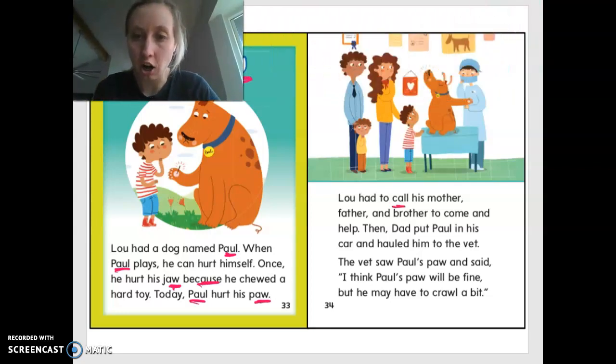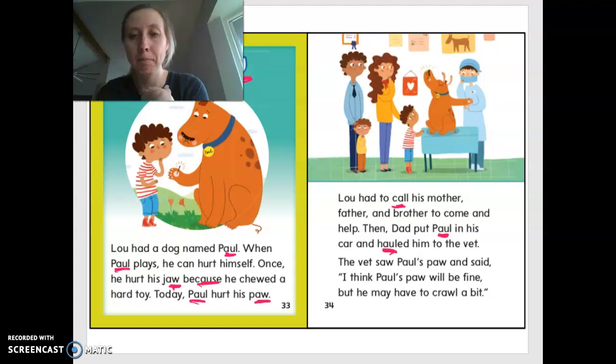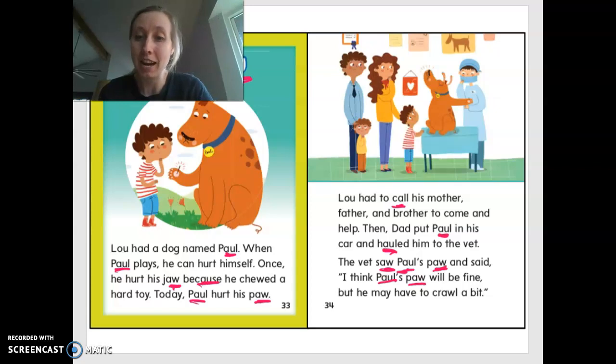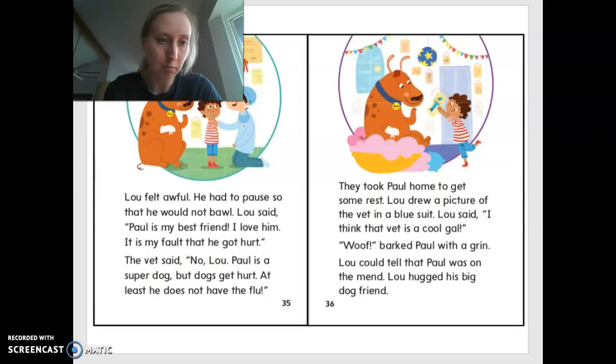Lou had to call his mother, father, and brother to come and help. Then Dad put Paul in his car and that means he took him, hauled him to the vet. The vet saw Paul's paw and said, I think Paul's paw will be fine, but he may have to crawl a bit, so he can't walk for a minute. Okay.